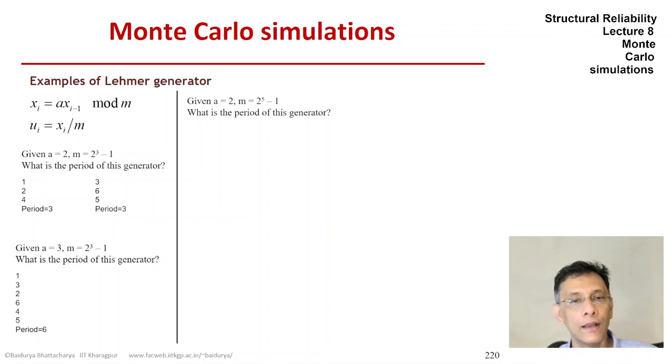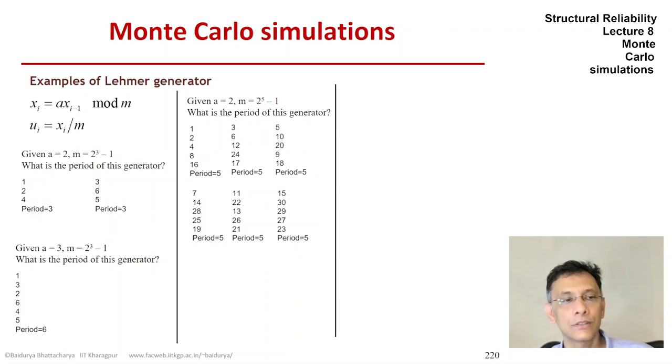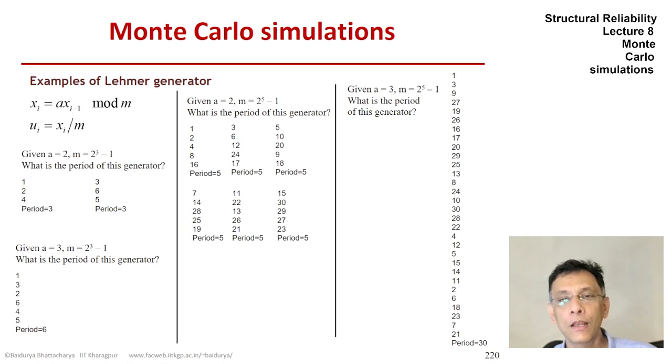Otherwise, it turns out that depending on the seed, you get different sequences, and none of them is a full period generator. The period is 5, and there are 6 such sequences. On the other hand, if a is chosen to be 3, then this generator indeed becomes a full period generator.